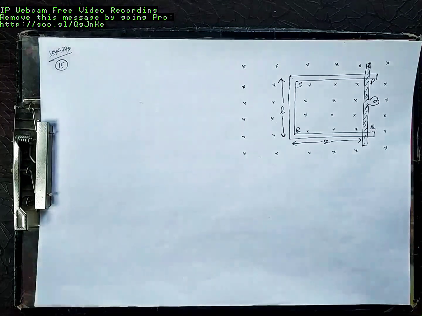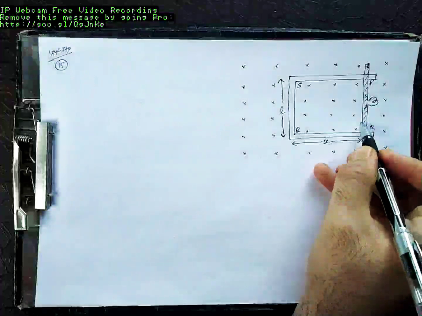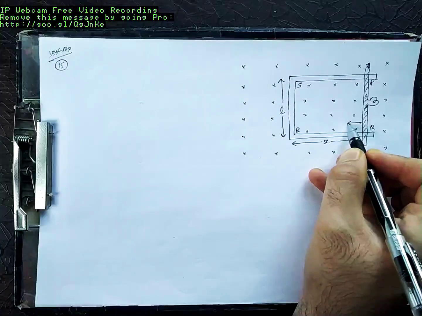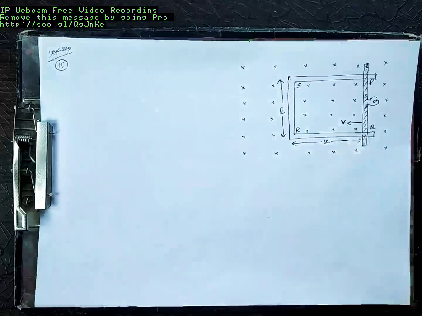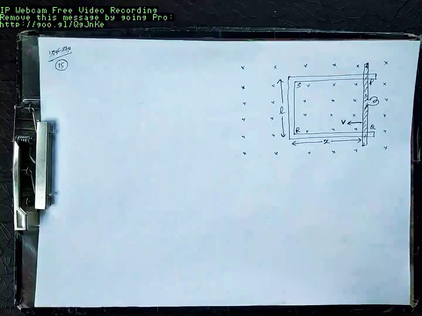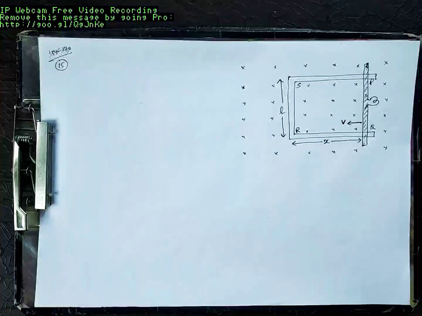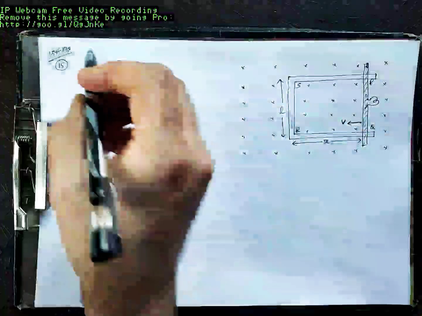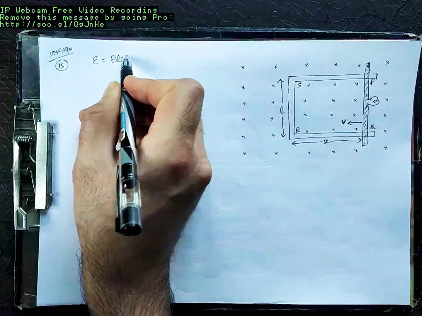We already discussed that if you move the arm PQ towards left with the velocity V, there will be an induced EMF where E will be equal to BLV.